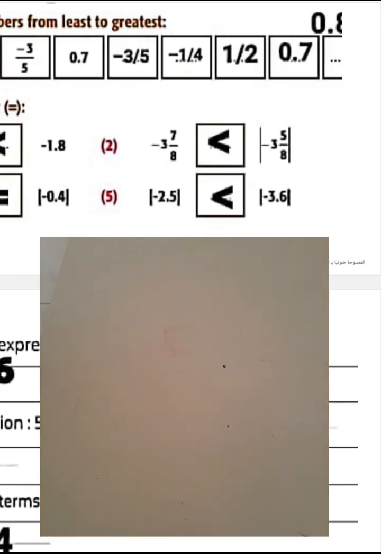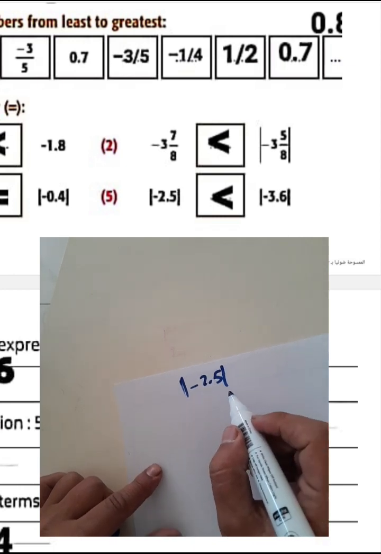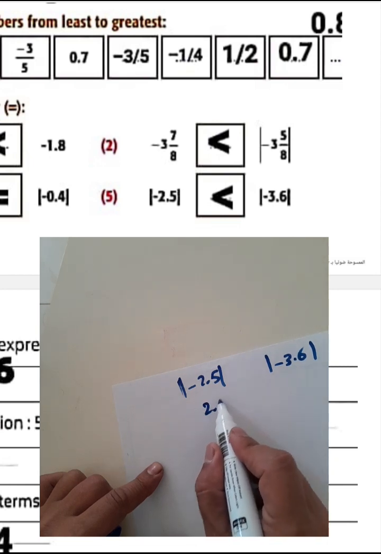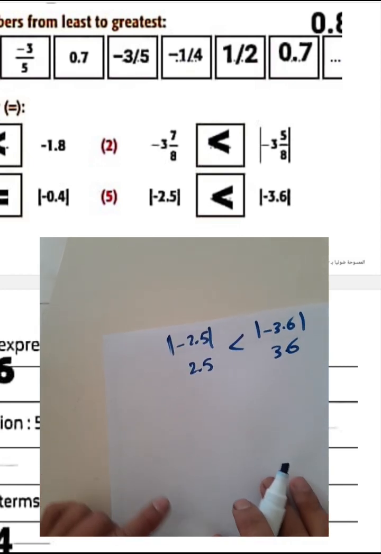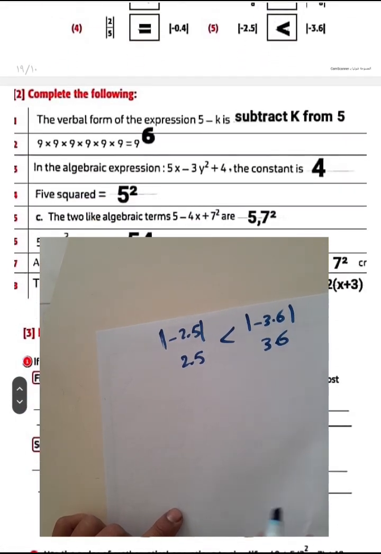Okay, next question. The absolute value of negative 2.5 or the absolute value of negative 3.3, it will be 2.5. So this number will be greater than this number. Complete.